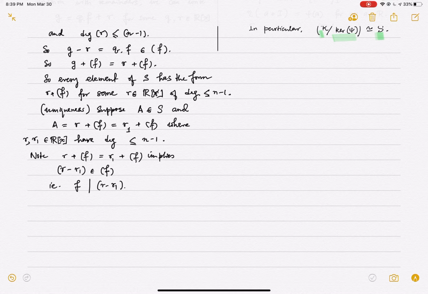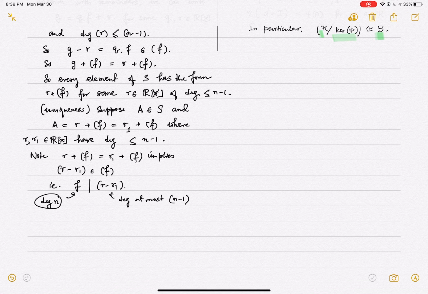But now you look at degrees. R and R1 both have degree less than n, so this difference also has degree at most n minus 1, whereas this guy has degree n. So a degree n guy is dividing something of degree less than or equal to n minus 1, which means this thing has to be 0.